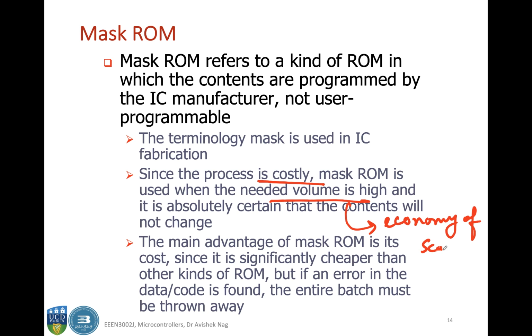That's why mask ROM is significantly cheaper than other kinds of ROM. But if an error in the data or code is found, then the entire batch must be thrown away, and this is something which you don't want. So you can see there are pros and cons for mask ROMs.